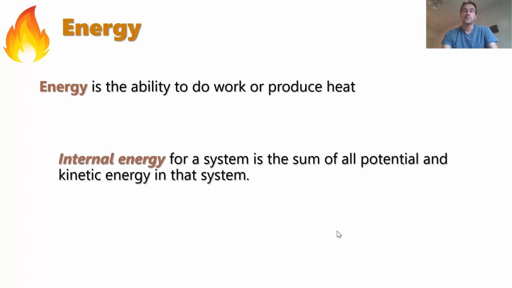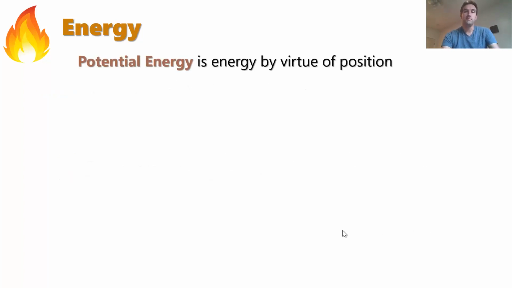Internal energy is the energy that we have in all the different forms, so potential and kinetic energy of a system. So we have to define what the system is, and what potential energy and kinetic energy are, and we'll get to that here. So first off, potential. Potential energy is energy because of the position of an object.